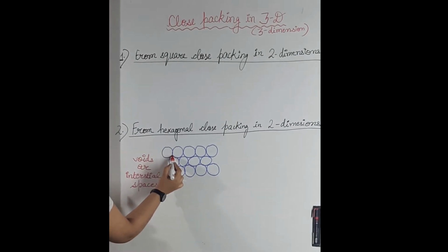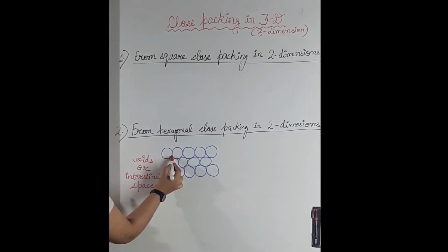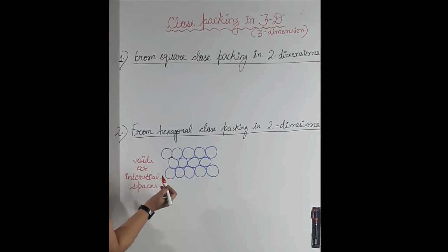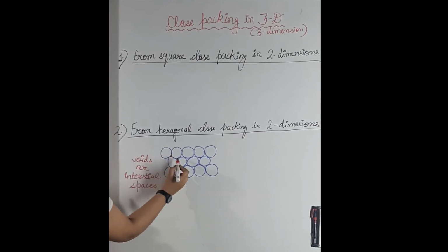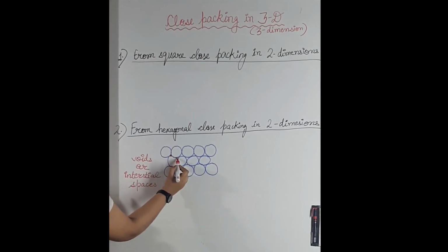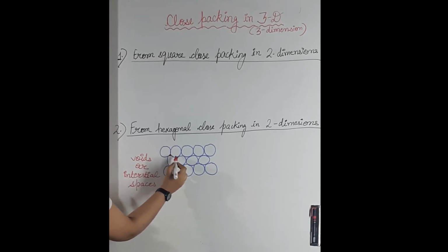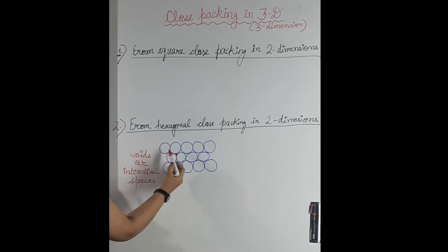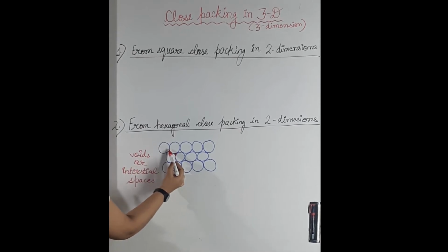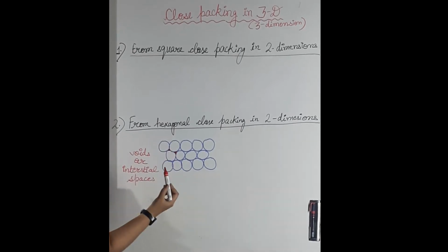Here you can see the apex is in the upward direction, and the second type of void is that in which the apex is in the downward direction.